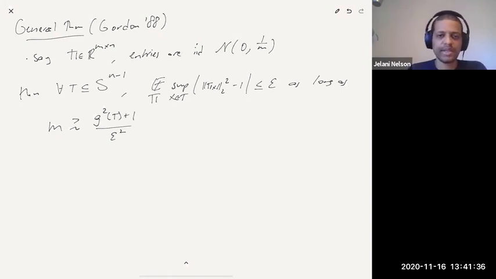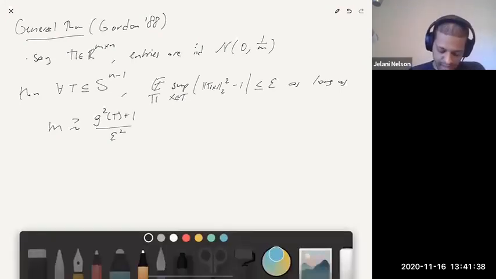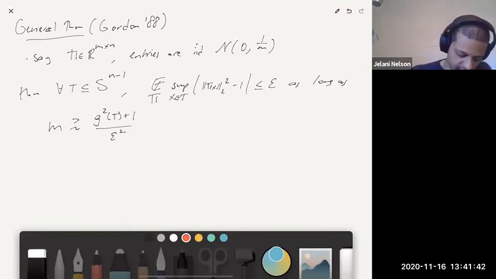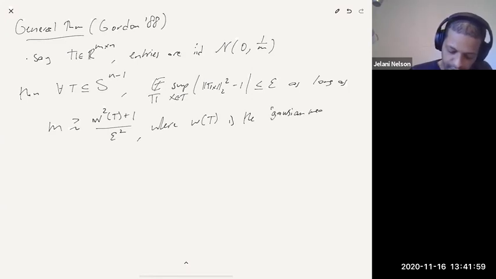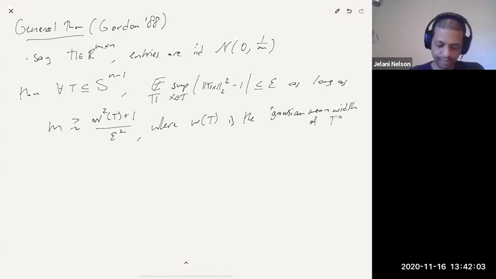Okay, so that's the theorem. Just to be less confusing, I'll use a different letter. I'll call this W(T), where W(T) is the so-called Gaussian mean width of T. So what does that mean exactly?